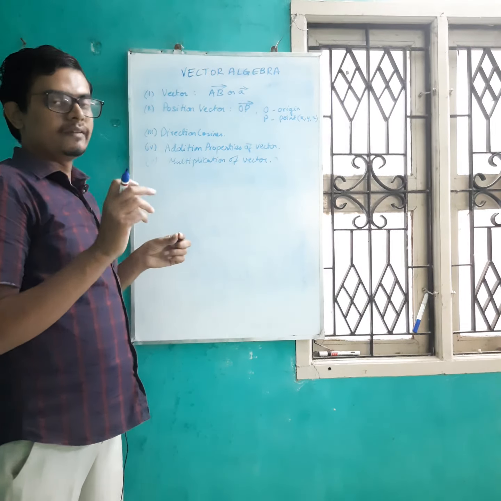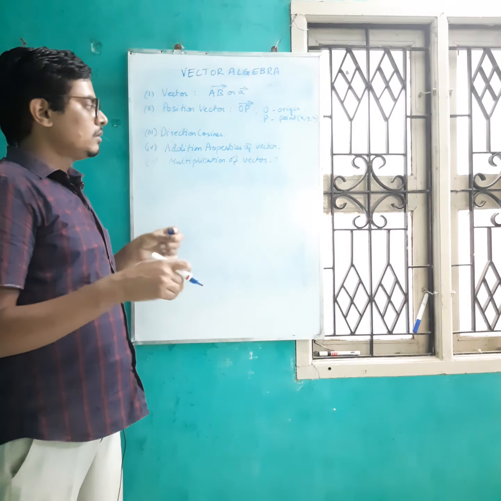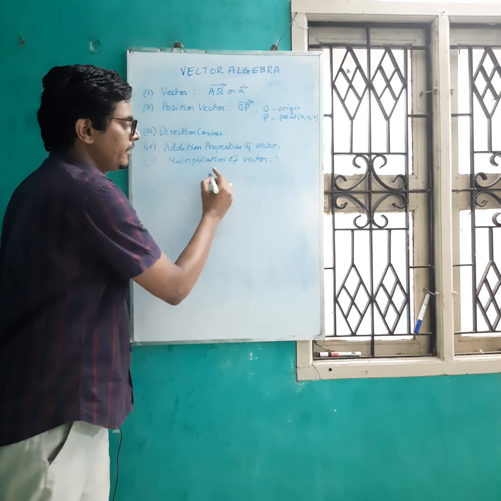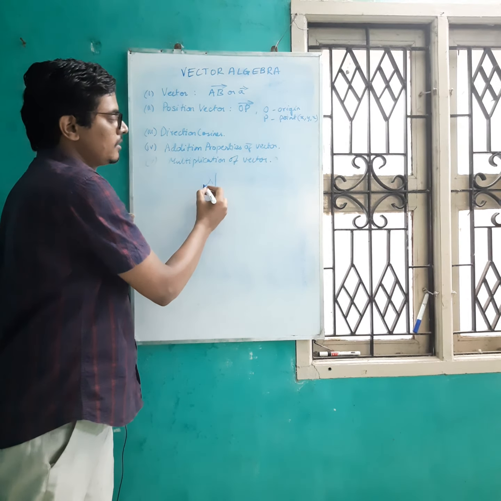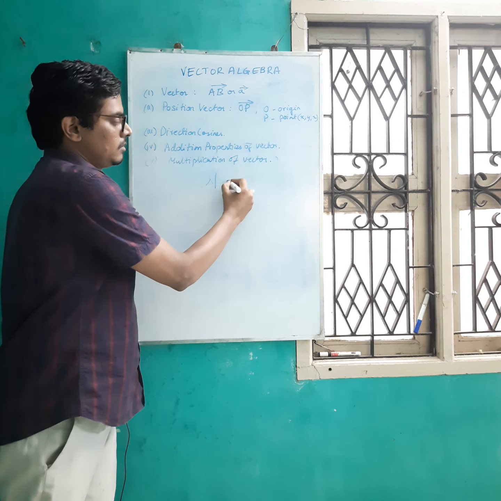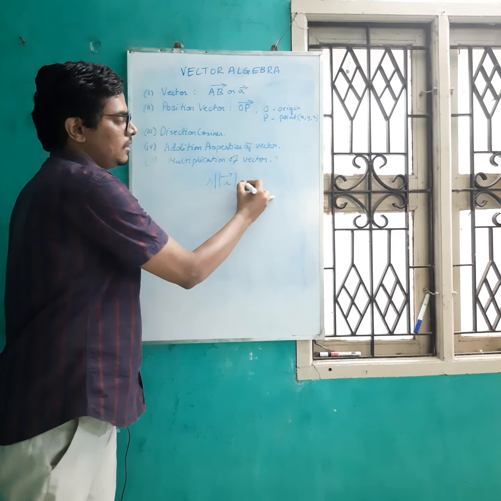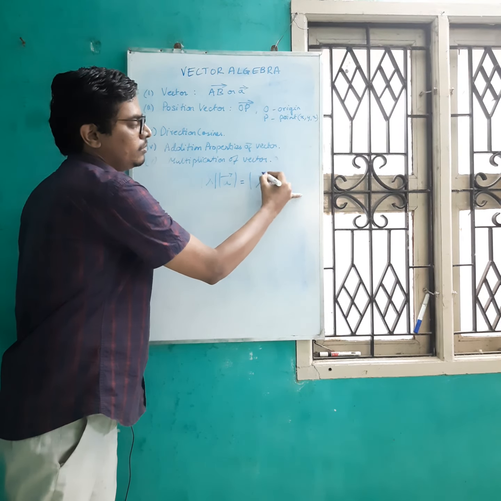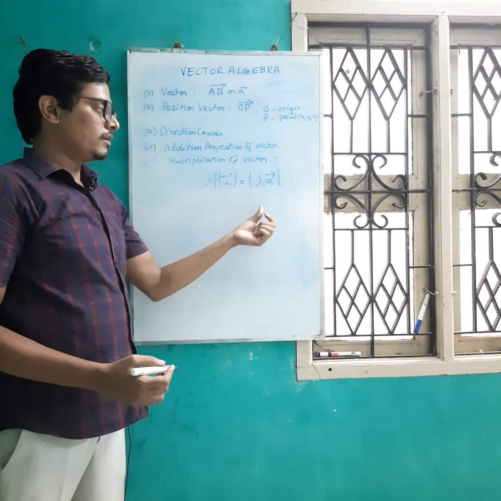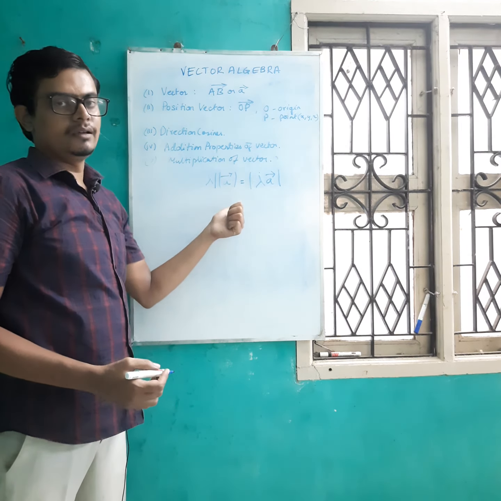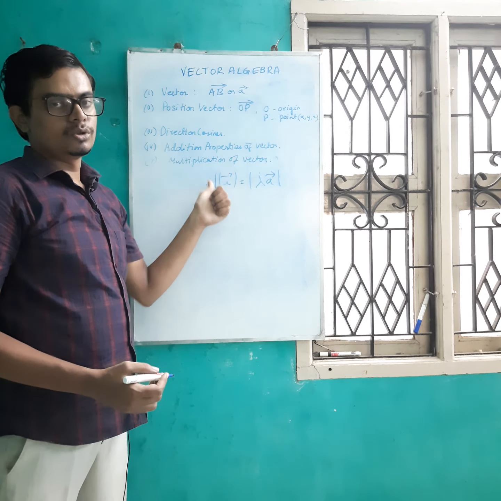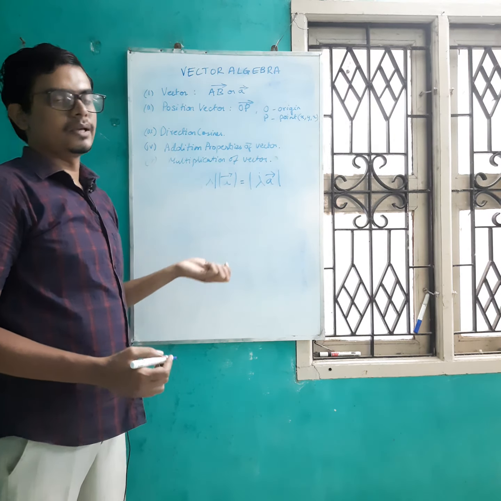So if you multiply a vector by a scalar, say it is lambda, its magnitude is magnitude of lambda and A vector is equal to lambda into A vector. That means if you multiply a vector by a scalar, we can simply multiply its value to the vector. That is called a multiplication of vector.